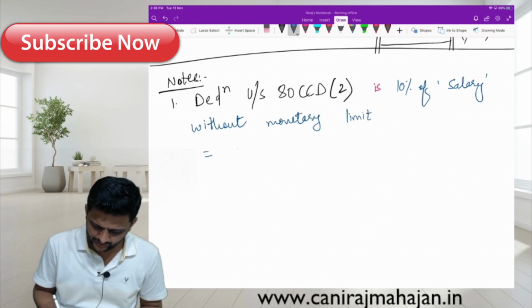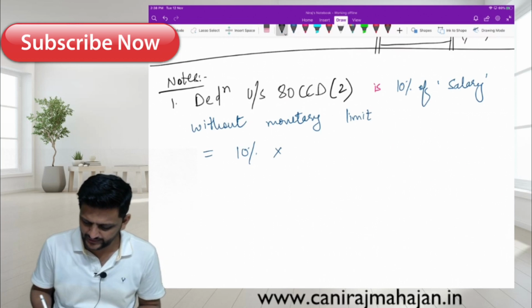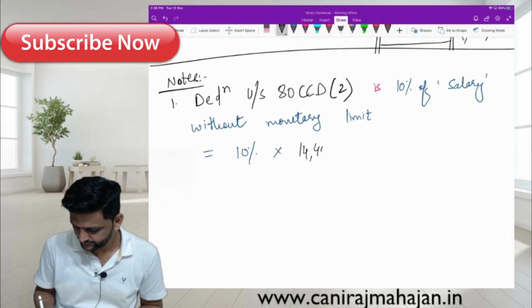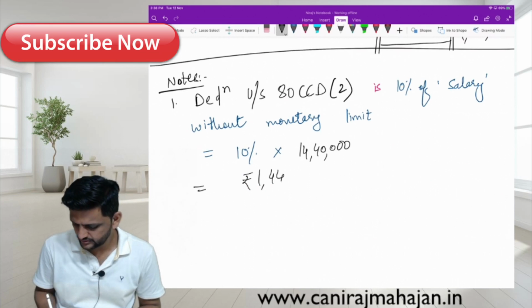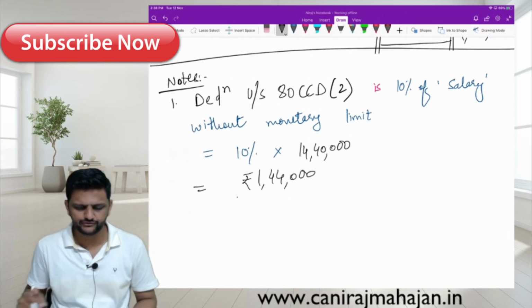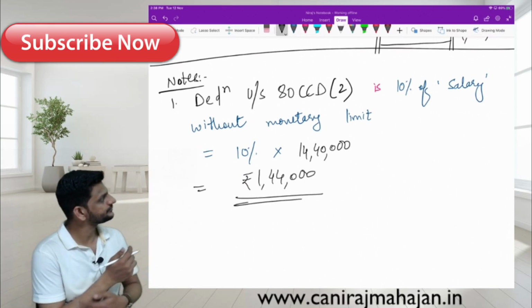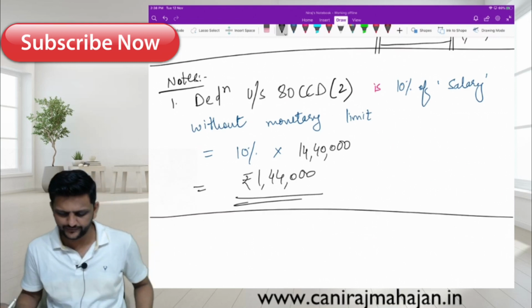So now it equals 10% of the salary we have computed as 14 lakh 40,000, so this will come to rupees 1,44,000. Everyone?